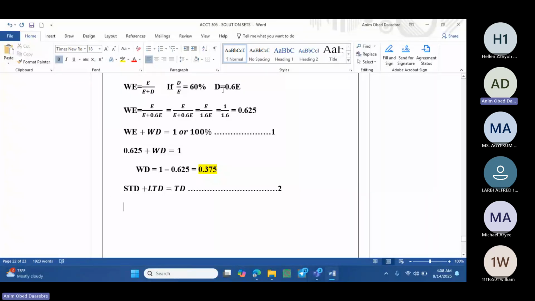Now looking at their ratio, they are giving us 20%.